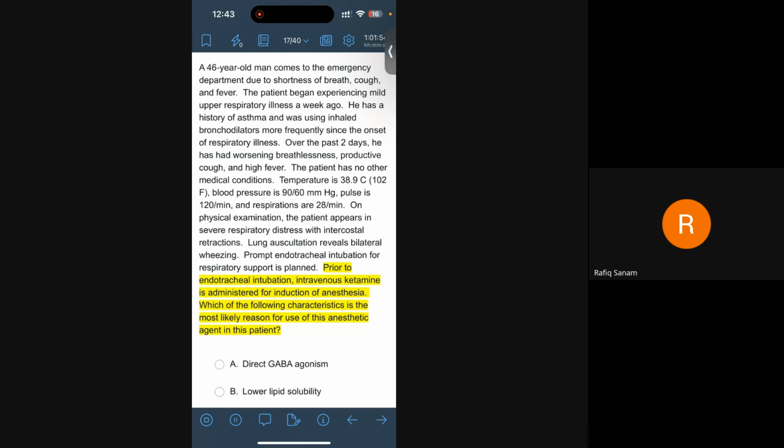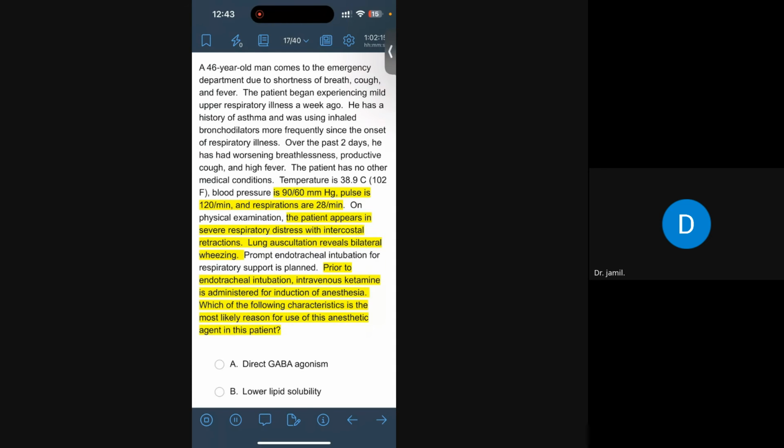What is happening in this question? There is hypotension here. The respiratory rate is higher. The patient is in severe respiratory distress. Acute exacerbation, asthmatic status.